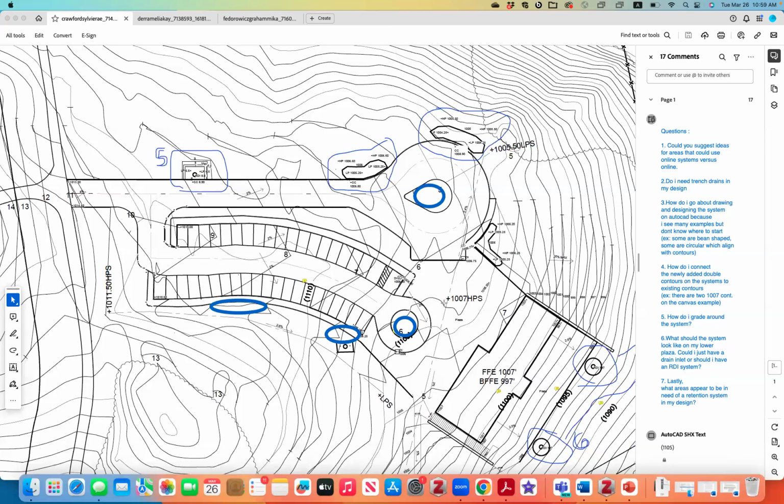Used to be here, but now it kind of switched in. Honestly, it shouldn't. Your swale line should not. You shouldn't have 2 of them. Maybe I didn't switch it when we dropped the contours.